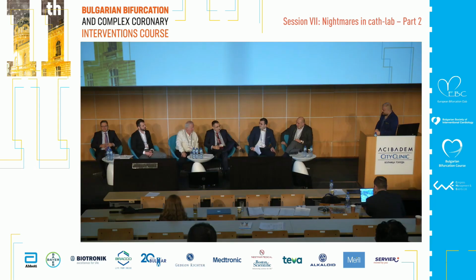Okay, you're my friend, but I will not skip my comment. First of all, this lesion and this stenosis I would never stent. That would be my last target for intervention.